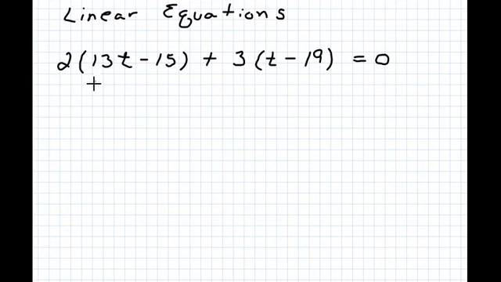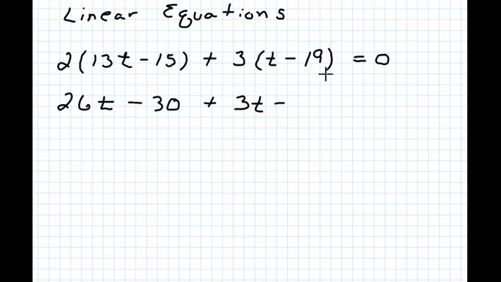So 2 times 13 is 26t minus, and 2 times 15 is 30 plus 3 times t is 3t minus, and 3 times 19 is going to be 57.